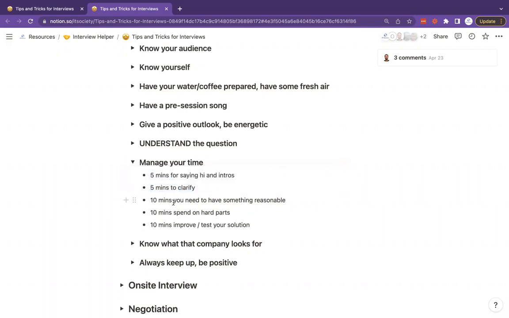So jump to solving the question as soon as possible. During the solution, you can always ask questions to clarify. In the first 10 minutes, this is my way. I don't know how other people do it, but if you felt, for example, that a question should be solved with a priority queue, or with a breadth first search, then you need a queue.